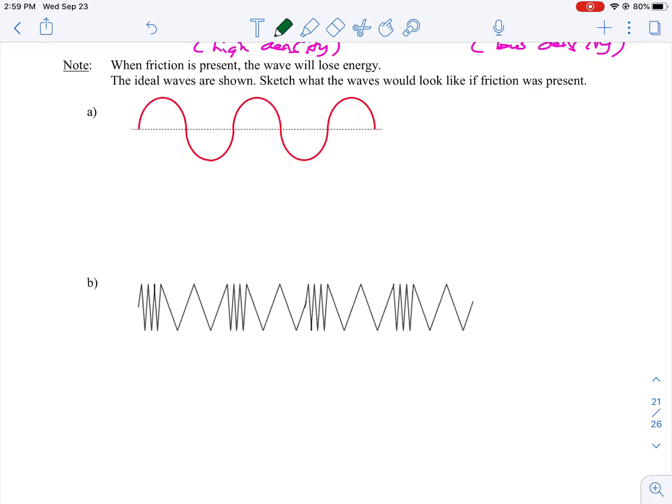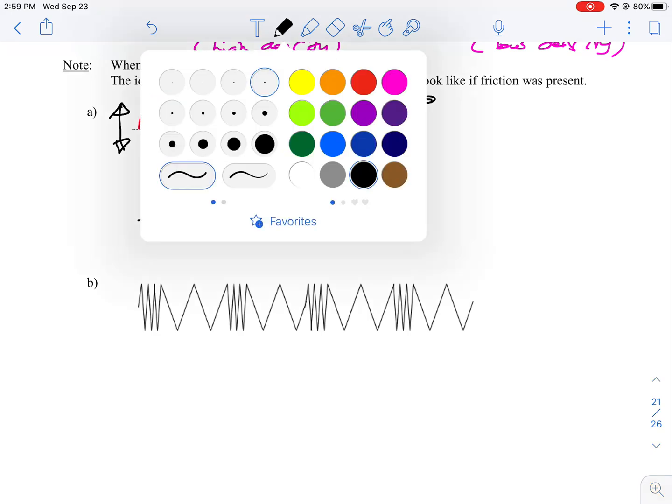All right, for the first one, again, we're going to assume that the source is on the left-hand side. So here's where the source vibration happens to be, creating the wave, and the wave is moving towards the right, as a transverse wave would do. Underneath it, I'm going to put our new one where friction is present. The first one is considered ideal. The second one will be what happens if there's friction.